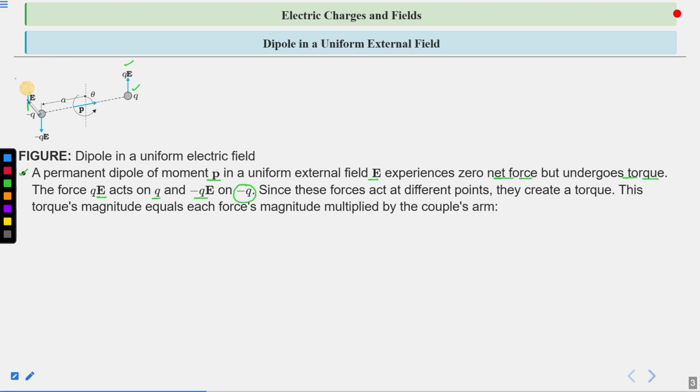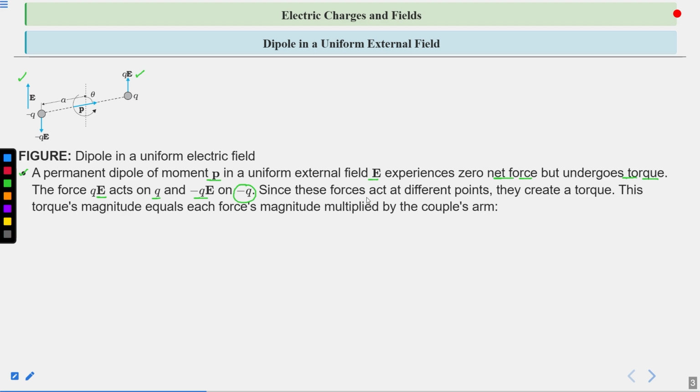Clear? From this figure it is clear: look at here, the direction of the field and the direction of force on charge positive q are both parallel. Yes or no? And the direction of force acting on charge minus q is anti-parallel to the field. Clear?